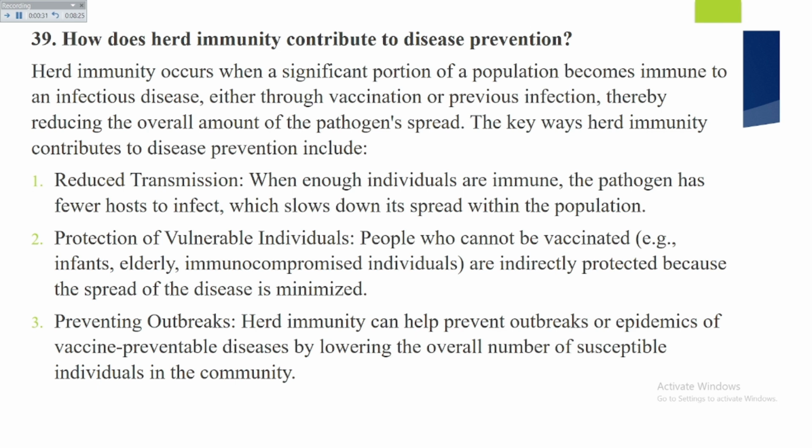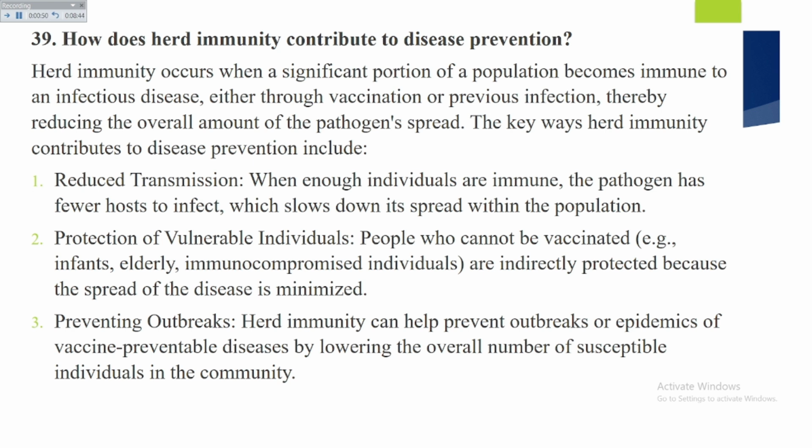The key ways herd immunity contributes to disease prevention include, first, reduced transmission. When enough individuals are immune, the pathogen has fewer hosts to infect, which slows down its spread within the population.